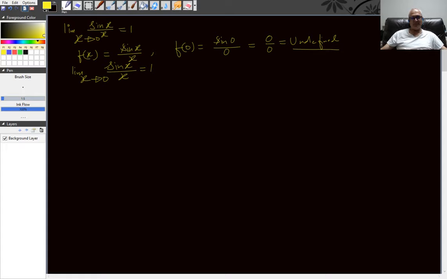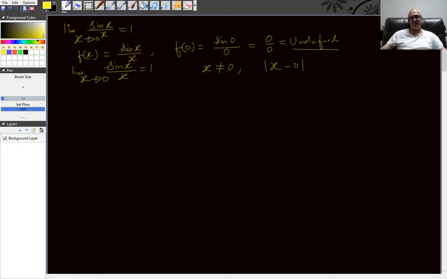And this is where calculus differs from whatever you have learned in algebra or arithmetic. So why this difference? Because in a limit, x never becomes 0.